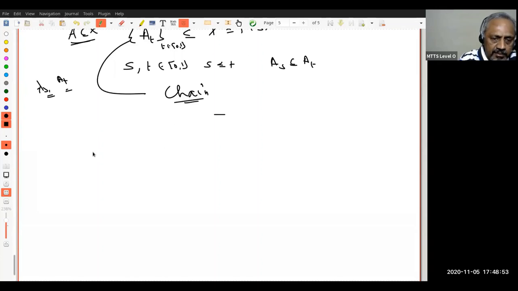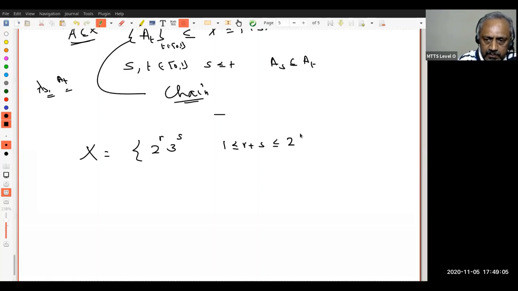So now this time we will take X to be the set of elements 2^r times 3^s, where 1 is less than or equal to r plus s, which is less than or equal to, let us say, 3. I want to make my life simple.